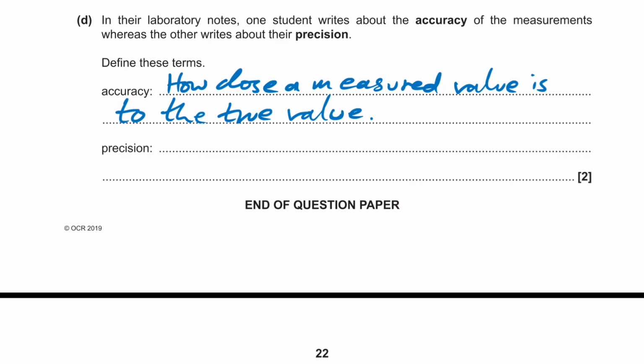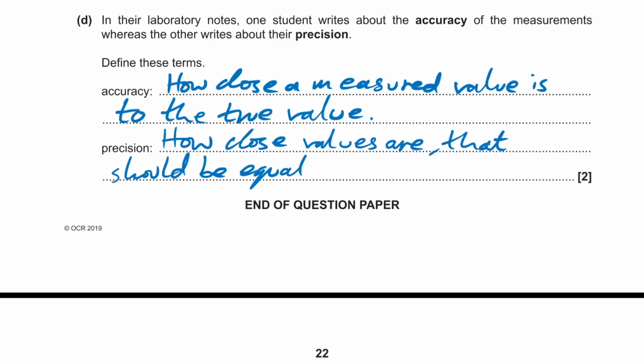But precise, the powers that be say that precise means how close values are that should be equal. In other words, when you're taking means, if all of your results are bang on the mean, then of course your results are very precise. But if they're quite spread out, then they're not very precise. I really disagree with that term, but for some reason, someone somewhere has decided to make that the case.